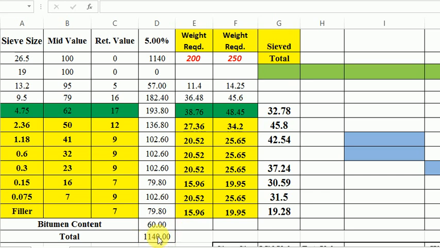That should be the weight of aggregate. Considering that 1140 value, we have to distribute the weight retained in that proportion, that is 5% of 1140, 16% of 1140, and so on.